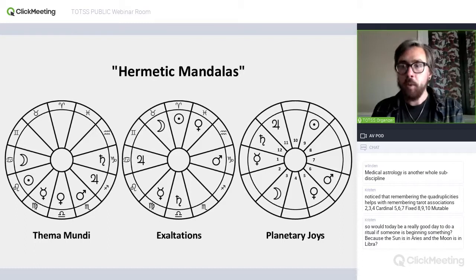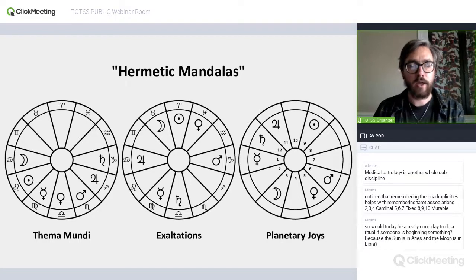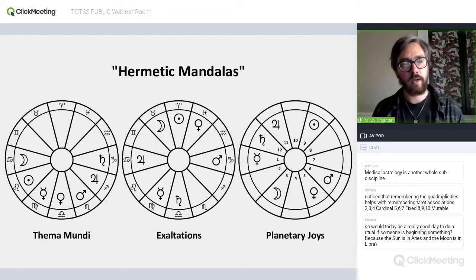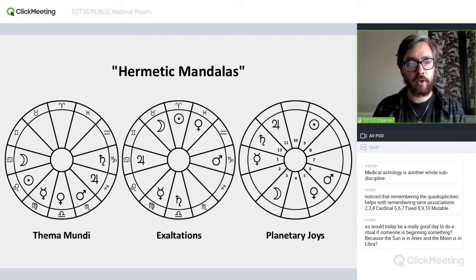All right, so this is something we'll come back to, but I just wanted to show you briefly this idea. I got this phrase from the scholar and astrologer Ben Dykes, who calls these three things Hermetic Mandalas. These are three special diagrams from ancient astrology that build up some of our really basic concepts. We'll talk briefly about the Thema Mundi and the exaltations today, and then we'll come back to the planetary joys in our 6th class.